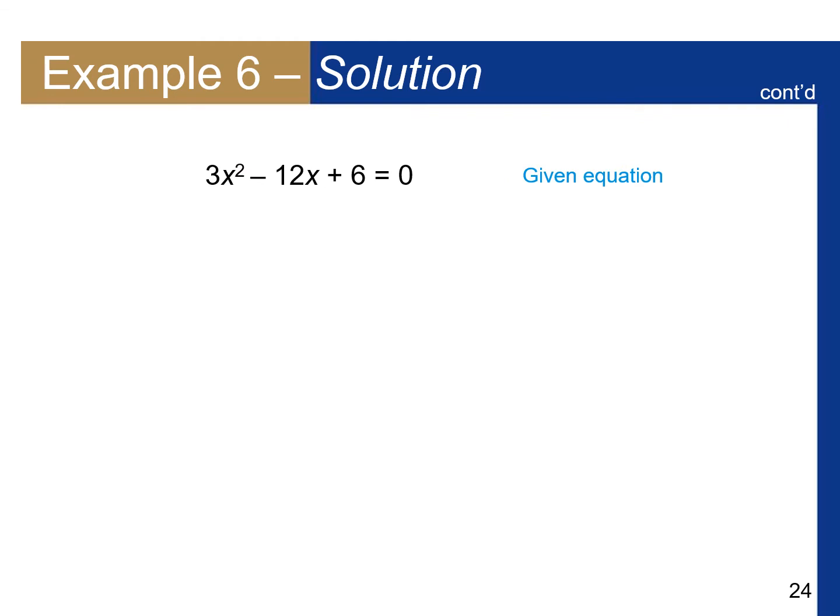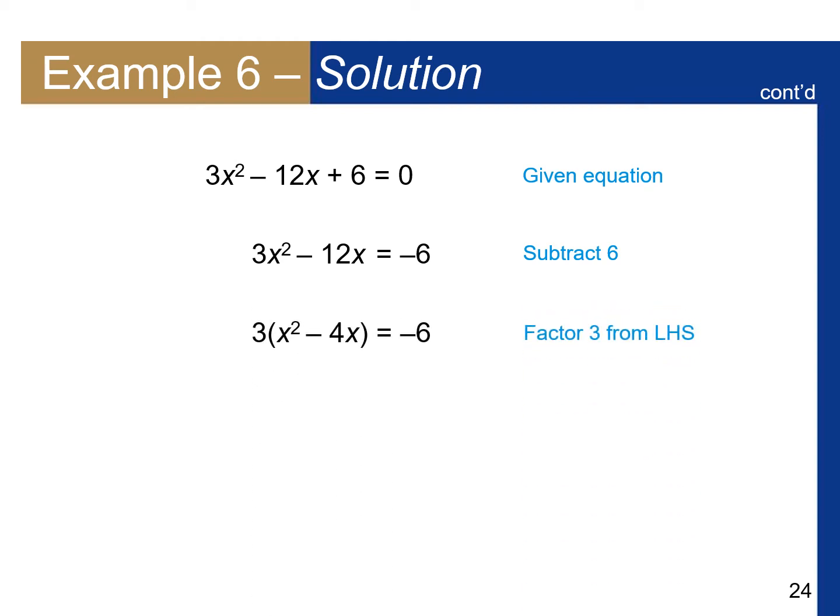Now, this one's a little more tricky. Here I have a number in front of the x squared, so that changes things a little bit. I want to bring my 6 over to the other side like I did before. But this time I'm going to factor the 3 out of both of these so that I can have x squared here.